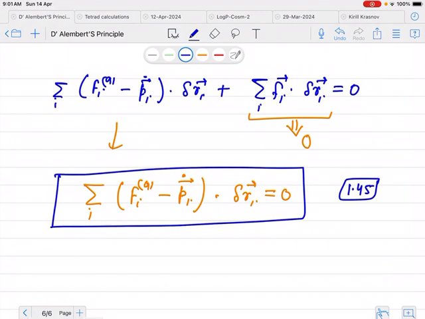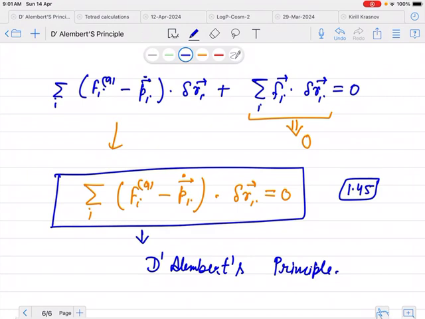Okay, and this equation is often called the D'Alembert's principle. So in a single statement, D'Alembert's principle tells about the work done due to the virtual displacement. So we achieved our aim.